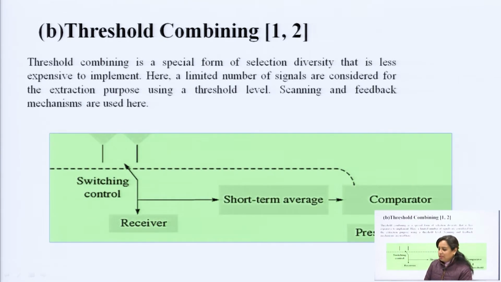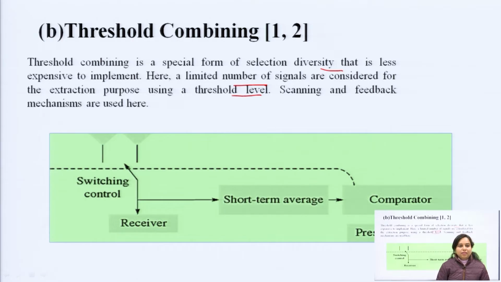Now, next one is the threshold combining. Threshold combining is a special form of selection diversity that is less expensive to implement. Here a limited number of signals are considered for the extraction purpose using a threshold level. In this case, a particular preset threshold is applied to a comparator.